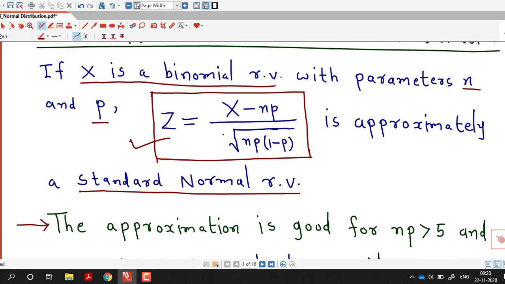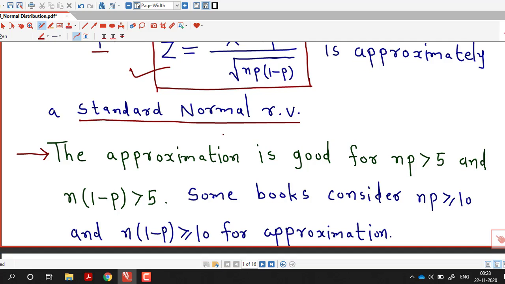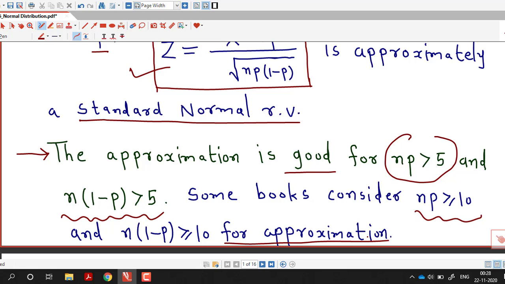As a rule of thumb, if np is greater than 5 and n(1 - p) is greater than 5, then this approximation is good. Some authors consider, instead of greater than 5, np greater than or equal to 10 and n(1 - p) greater than or equal to 10 for this type of approximation.